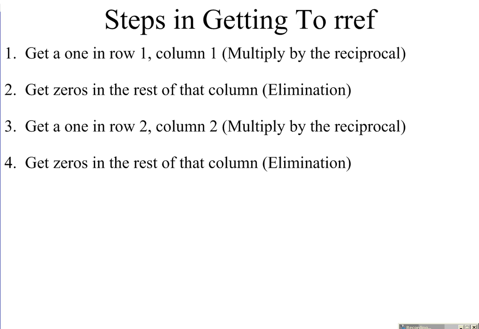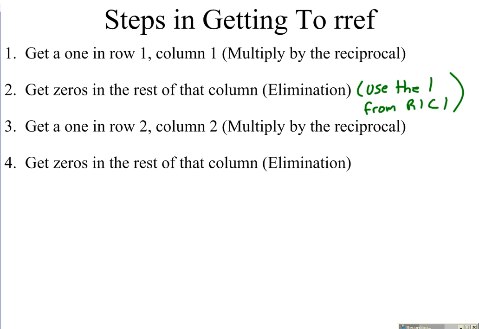Now, the key to this is you have to go in this order. You must do row 1, column 1, and all of column 1 before you worry about row 2, column 2, and so on. Once you get a 1 in row 1, column 1, and you go to get zeros in the rest of the column, use the 1 from row 1, column 1.